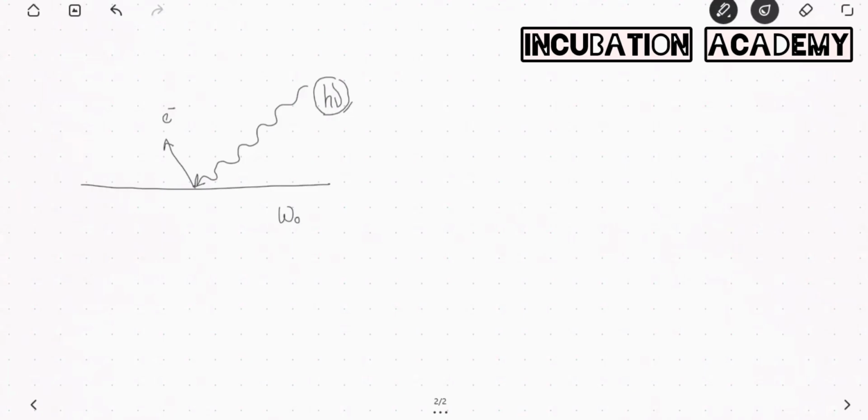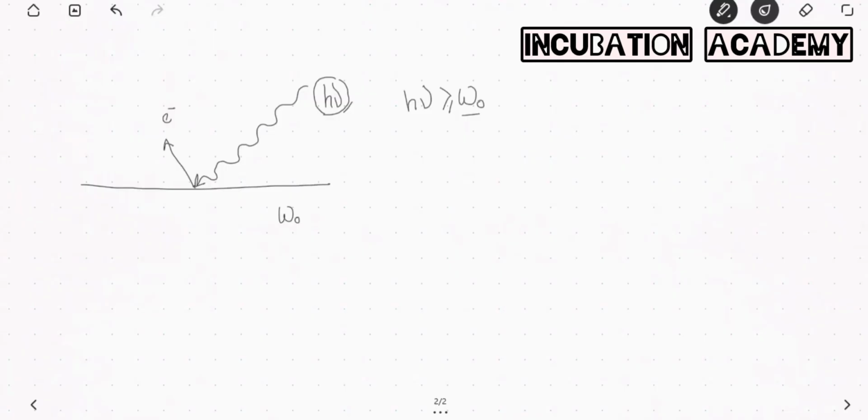After absorbing that, if the energy of the photon, h nu, is greater than that of the work function, what is work function? Just as I have said, the energy required for the electron to come out from this metal surface. If h nu is greater or equal, if equal, then the electron just comes out from the surface. If greater, then the electron comes out with some energy with it.